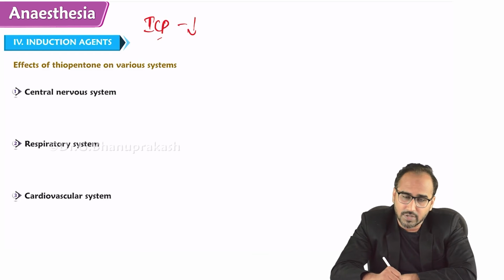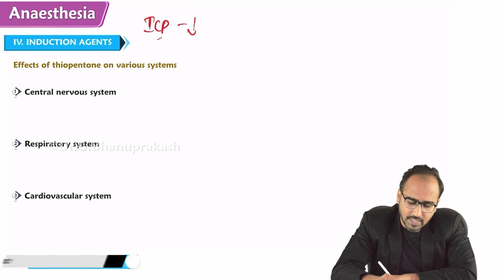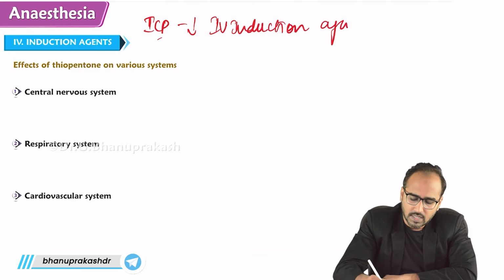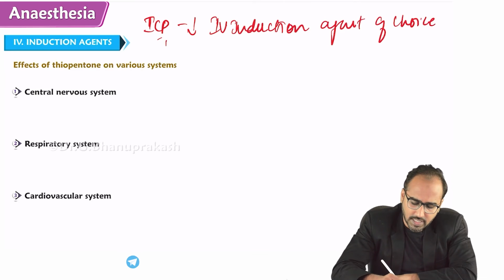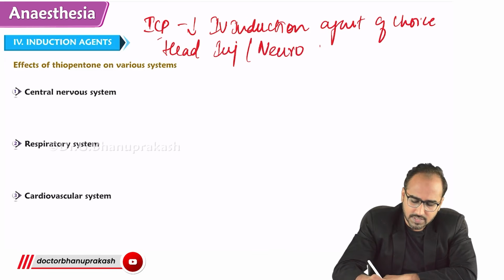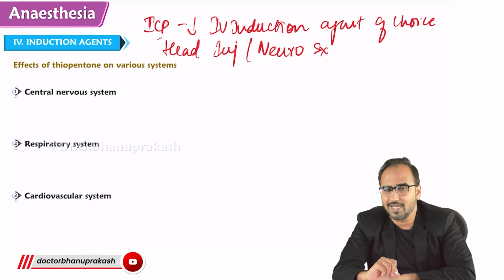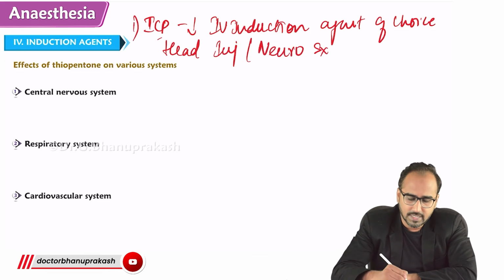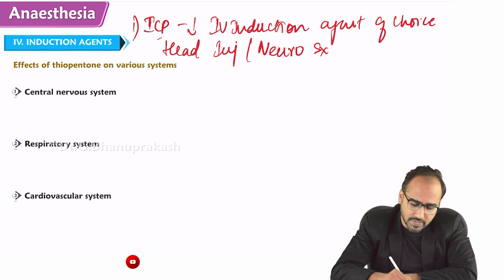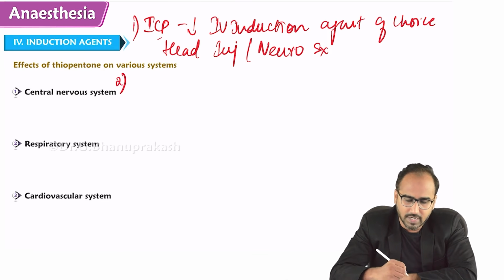As it reduces the intracranial pressure, it is used as an IV induction agent of choice in head injury and neurosurgery. That is only one quality, but is it a just friend or best friend? Best friend.